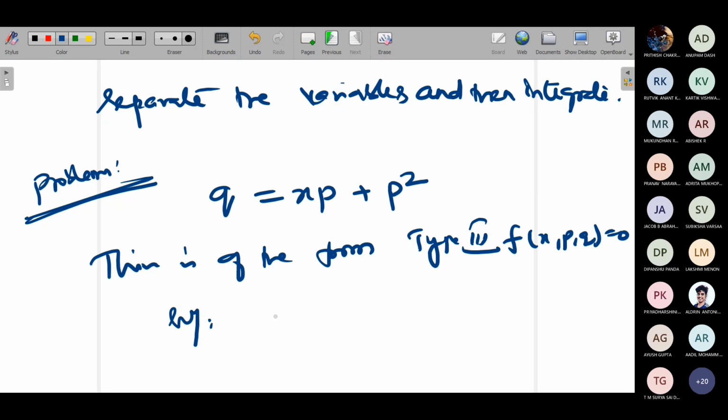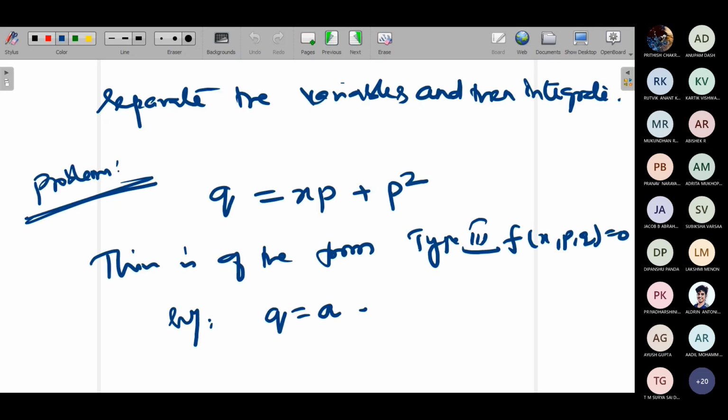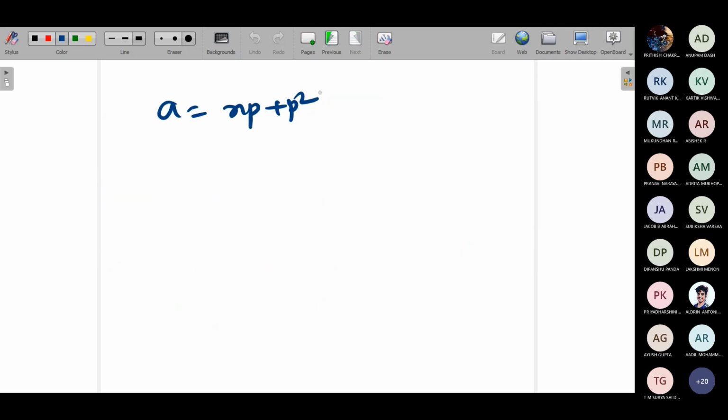Now substitute it, q equal to a. When you substitute it, you will get a equal to xp plus p square.